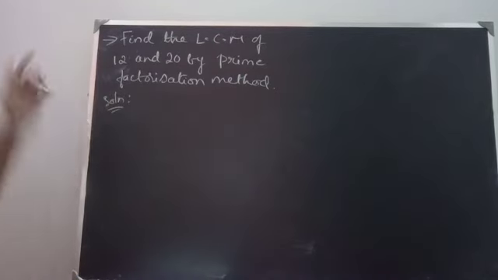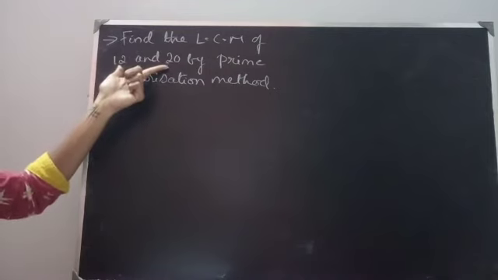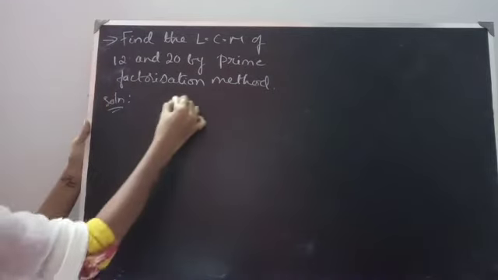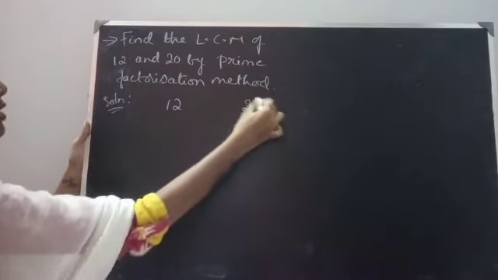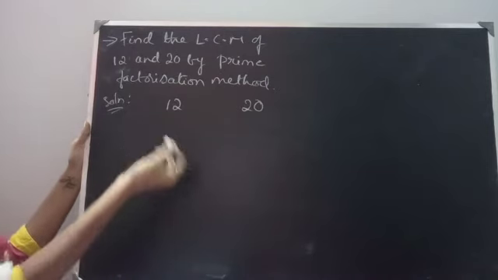Okay, so here they have given two numbers. So we have to find the LCM of these two numbers, 12, 20. Using prime factorization method, we have to find the LCM of these two numbers.